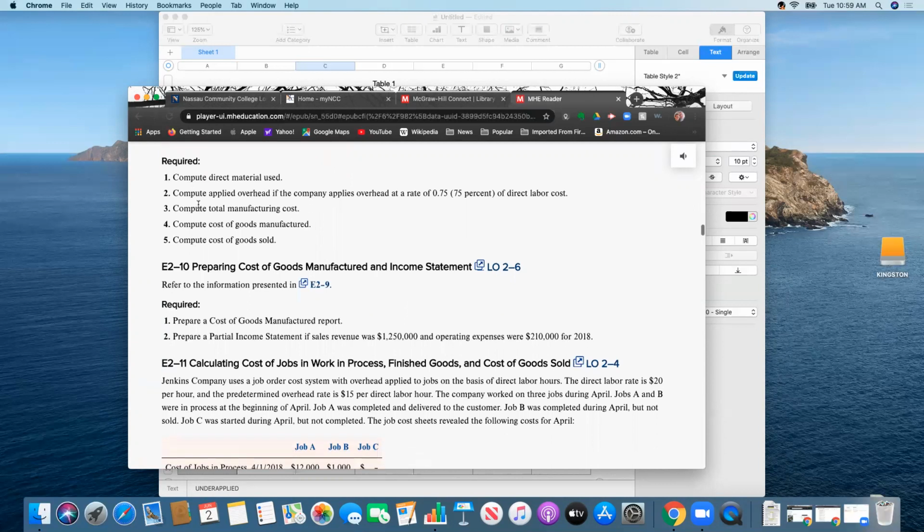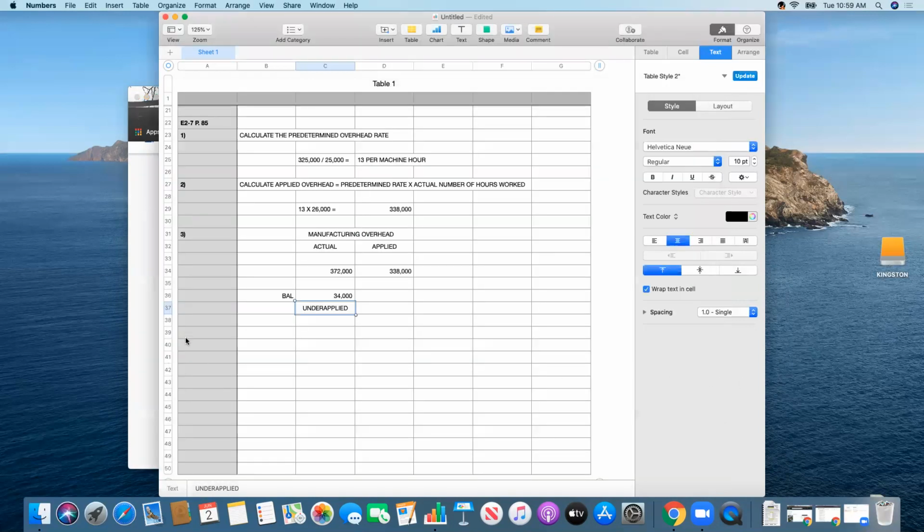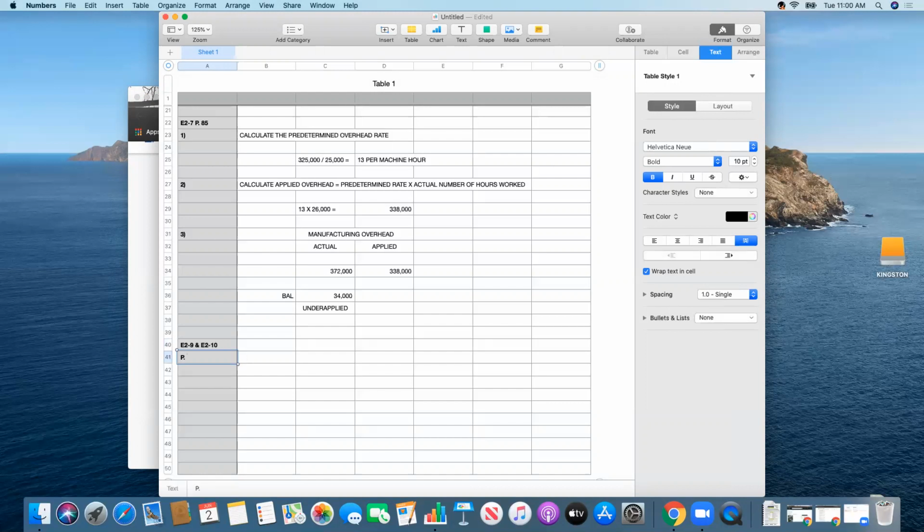And we'd also have to compute number 2 in there. Okay. So let's refer to this as E2-9 and E2-10. Right? And this is on page 86.